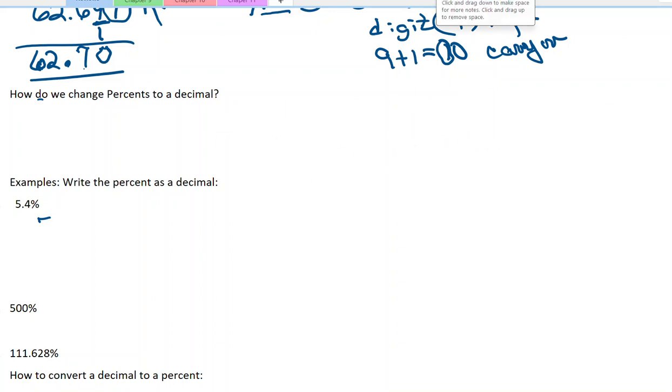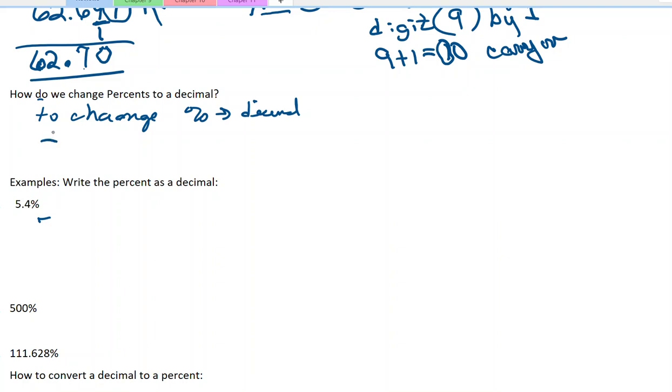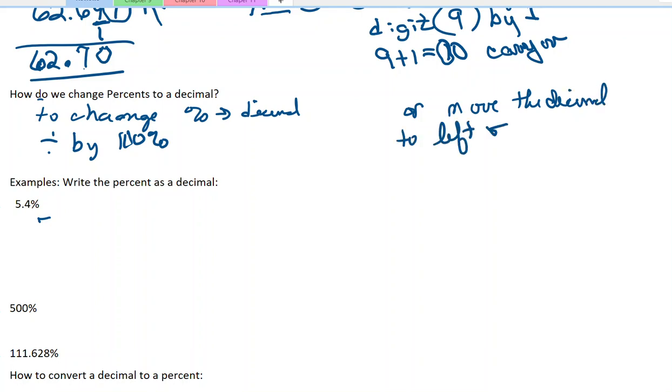To change a percent to a decimal, divide by 100%, or we move the decimal to the left 2 places.